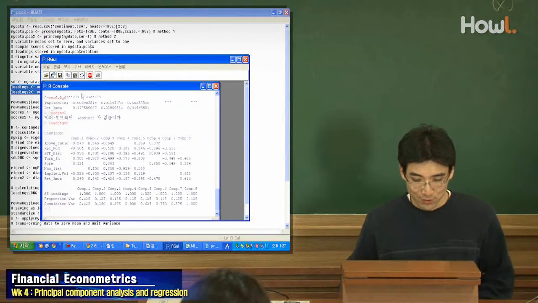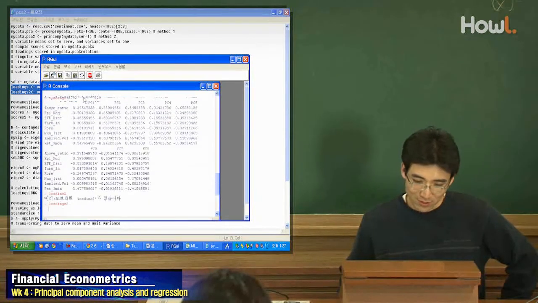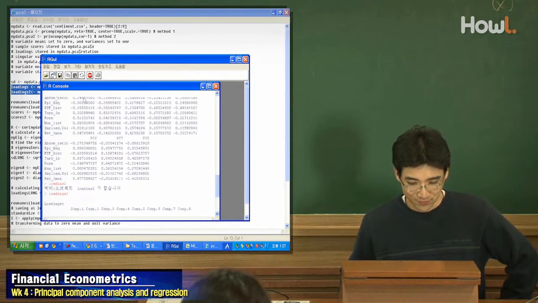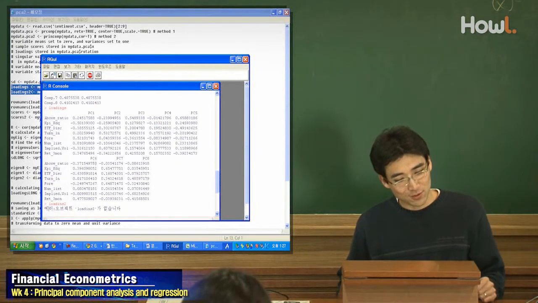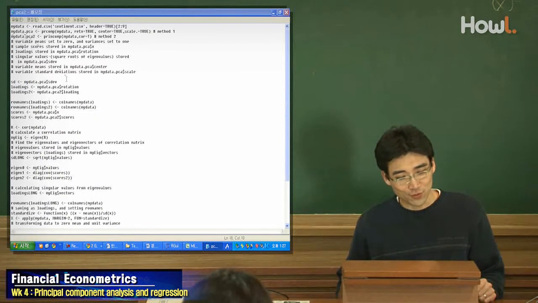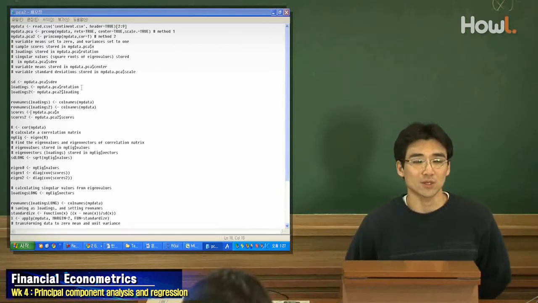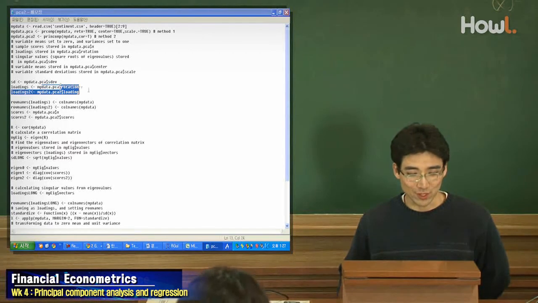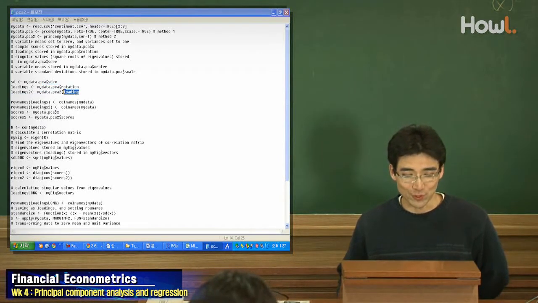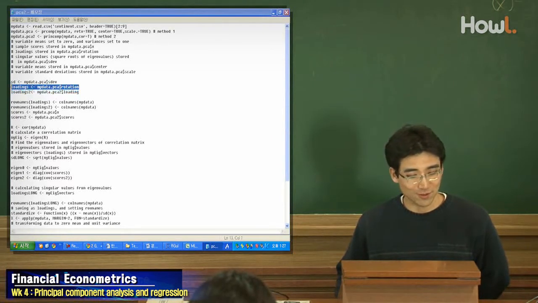If we compare these two sets of eigenvectors, now they are slightly different, and this output looks actually cleaner. So I think the prcomp routine is better. When you extract factor loadings, which are eigenvectors of the matrix, if we use prcomp, you have to use rotation. If you use princomp, you have to use loadings. This syntax is more intuitive, but this one seems more stable.